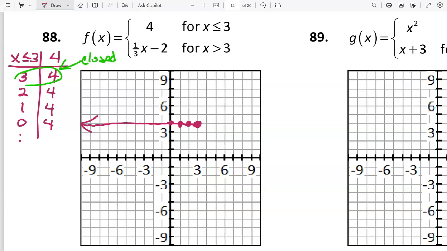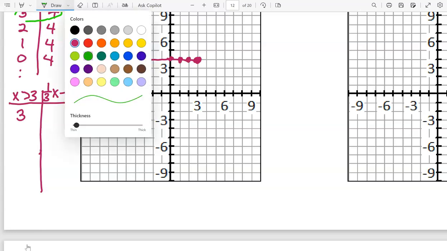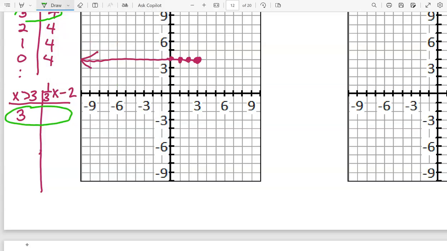Now let's create a table of values for the second part. For this one, our x's will be greater than 3, and our y values will be 1/3 times x minus 2. So I'm going to pick x equals 3 anyway, even though x can't equal 3, recognizing that this particular endpoint will just have an open circle.